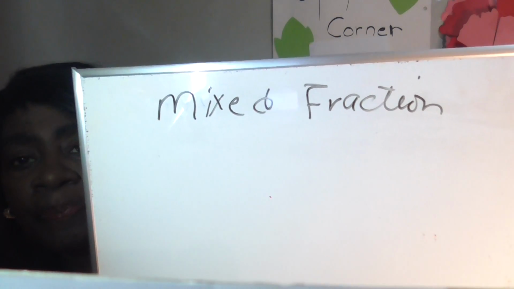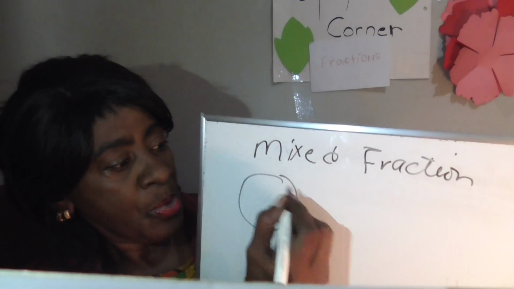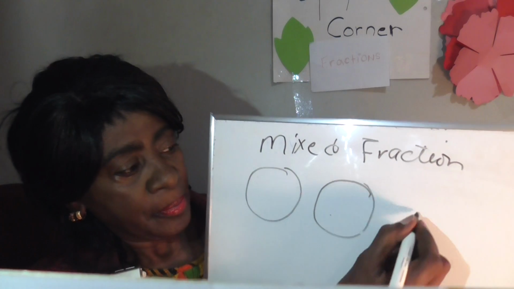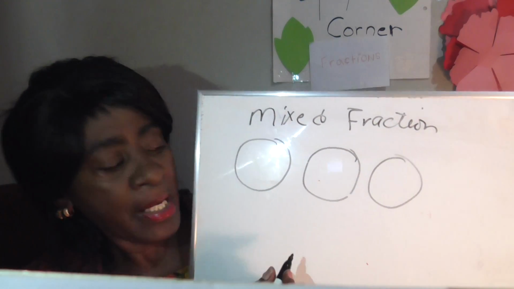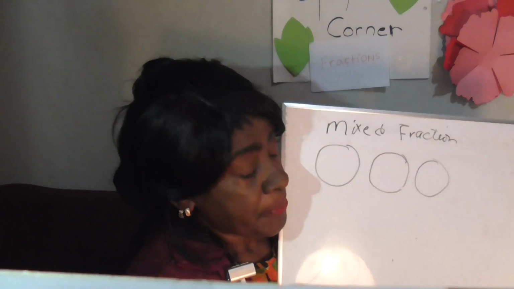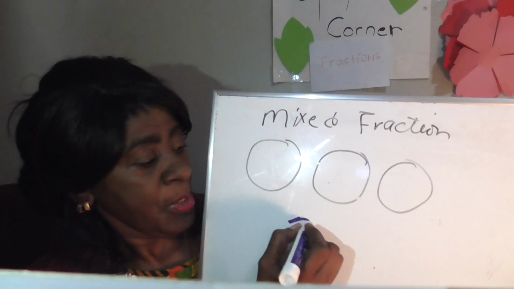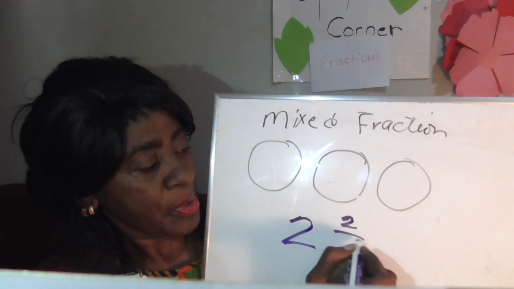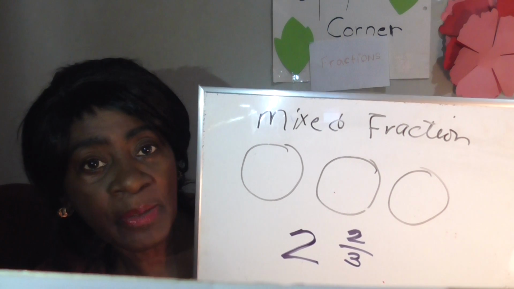Mixed fraction. To illustrate it, we'll have 2 and 1 more. We'll have 3 circles or 3 pies. A mixed fraction, we're going to say, is 2 and 2/3. A mixed fraction is a whole number and a fraction.